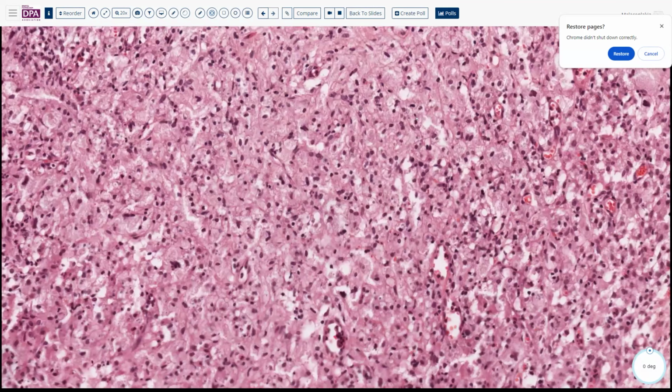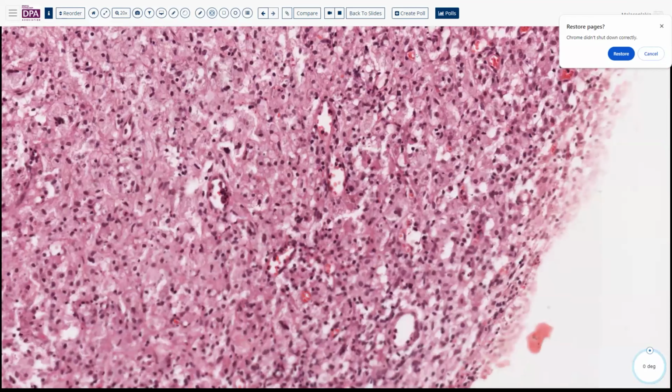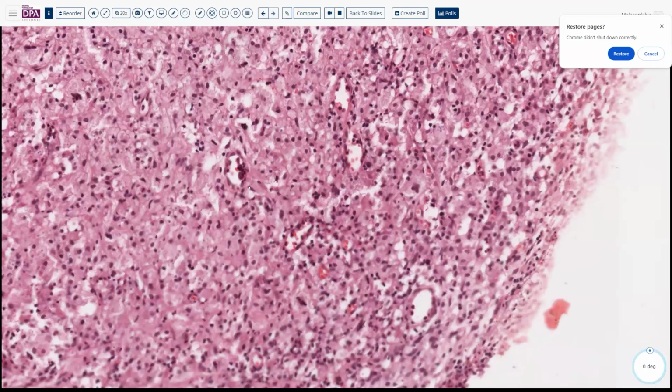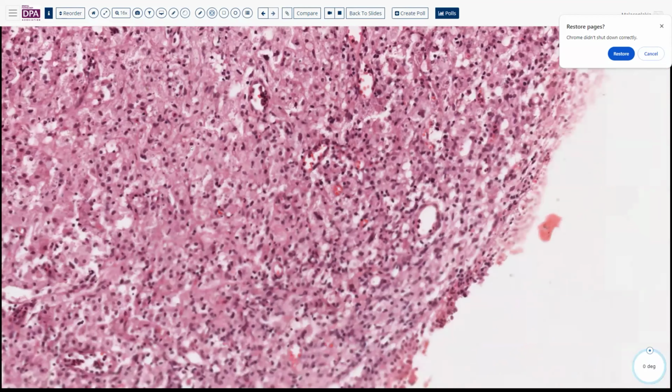But as you look around here, indeed, you begin to see there are a few slightly basophilic rounded nodules in some of the cytoplasm here that are the diagnostic feature for this entity. This is a nice little example of Malakoplakia.